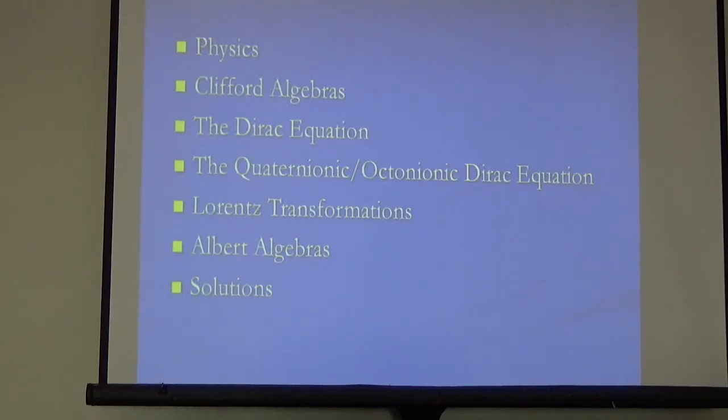So I'll assume that most of you don't know anything about the Dirac Equation. I will introduce it, and then I'll show you how to make it quaternionic, and then how to solve it. Then look at Lorentz transformations, which are not just rotations in three-dimensional space, but the boosts from special relativity. And then talk a little bit about some even fancier mathematics, Albert algebras, and solutions in terms of those things.